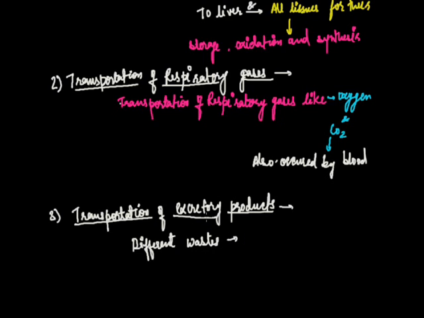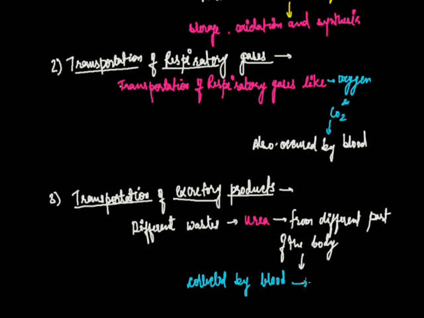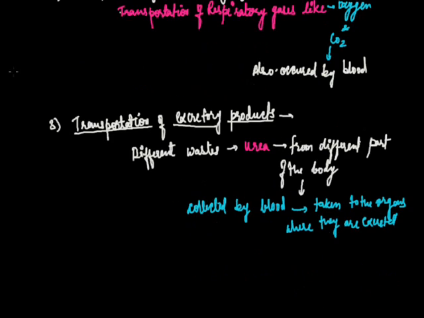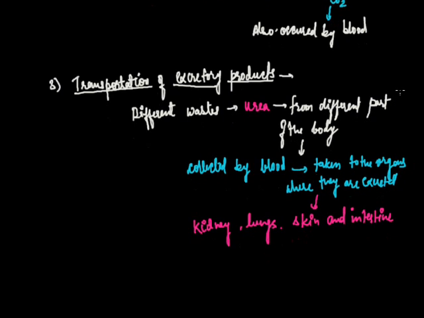Different wastes like urea are collected by blood and then taken to the organs from where they are excreted. The excretory organs are kidney, lungs, skin and intestine, etc., where waste materials are taken by blood. So this is a function of blood in transportation.